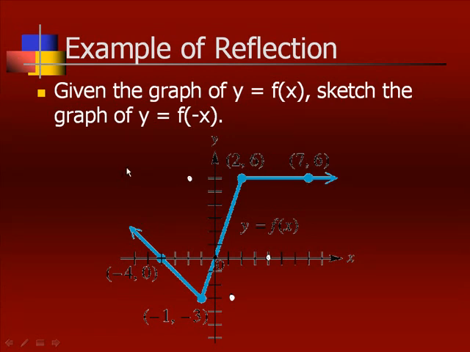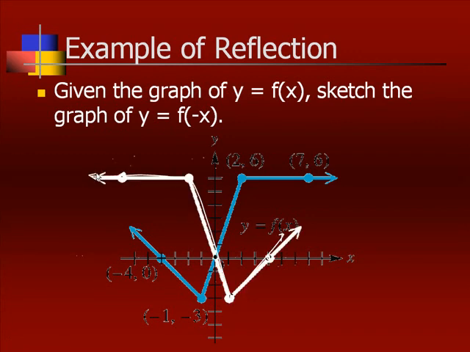If this is 7, 6, we're going to come over here as -7, 6. And then we're going to connect those. So that one's going to go up, that one's going to go up, and that one's going to go over. So we get the reflection across the y-axis.